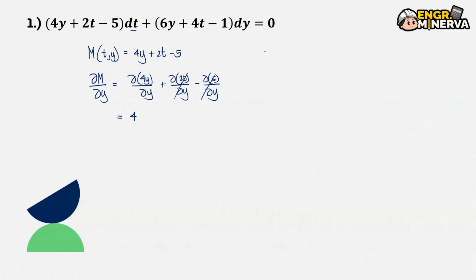Next, for N, as a function of t and y, that would be equal to 6y + 4t - 1. So we will derive N with respect to t this time. That would be the partial derivative of 6y with respect to t, plus the partial derivative of 4t with respect to t, minus the partial derivative of 1 with respect to t.